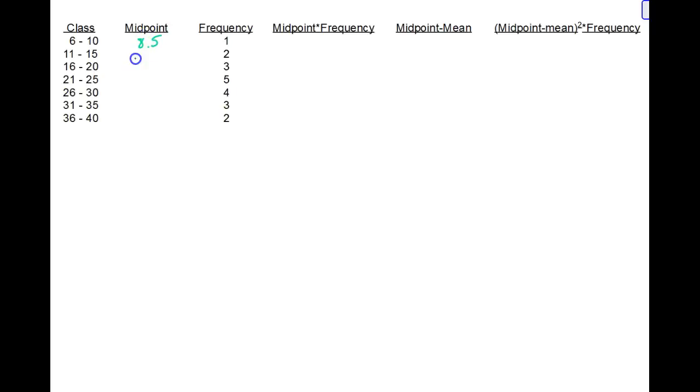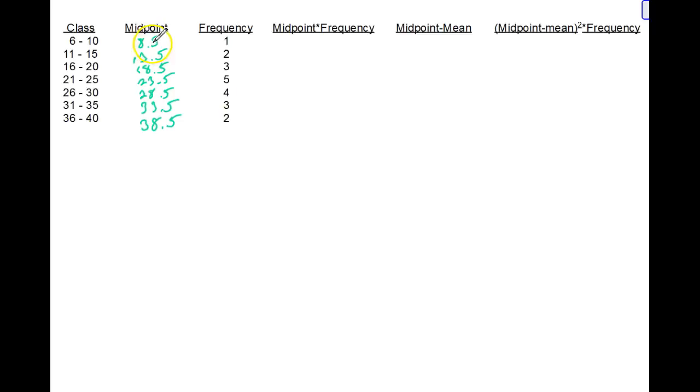I continue that process down, getting 13.5, 18.5, 23.5, 28.5, 33.5, and 38.5. And remember, all I did was, such as for this midpoint, I took 21 plus 26 and divided by 2.